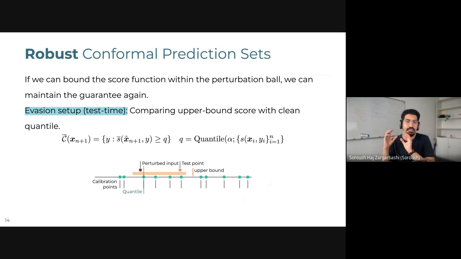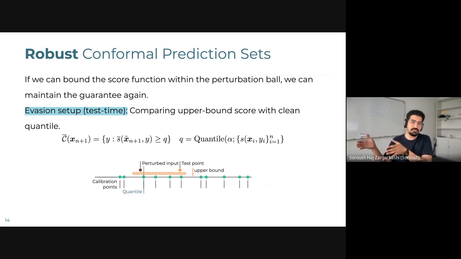Now, if instead of taking the score itself, I use the upper bound around that, I can again maintain the guarantee. How? I receive the perturbed input, I look at its L2 ball, and I find an upper bound. But since the test point is also within the same ball, so the test point is inside the bounded perturbation region of the perturbed point, then the upper bound for this region is also an upper bound to the test score.